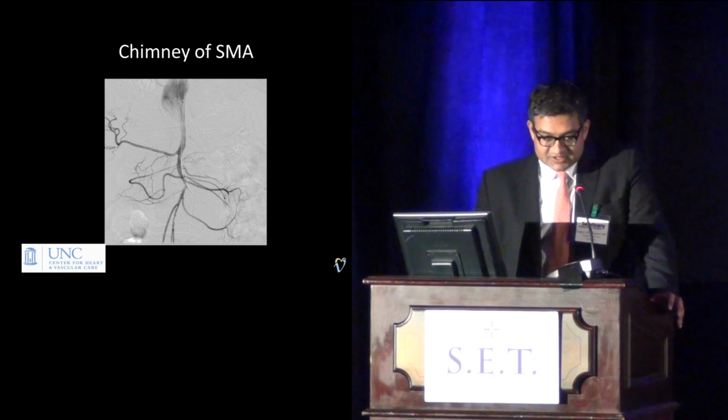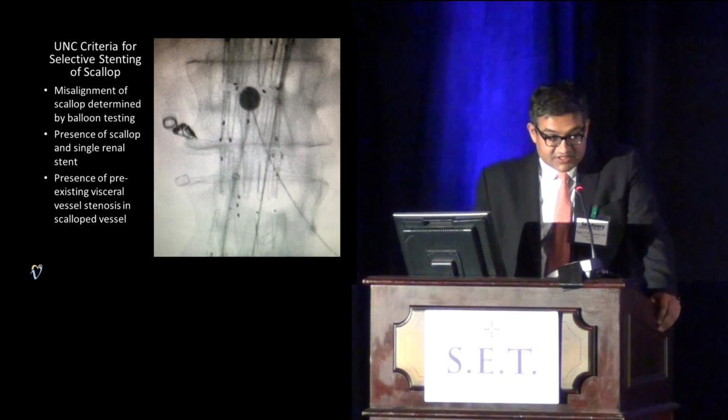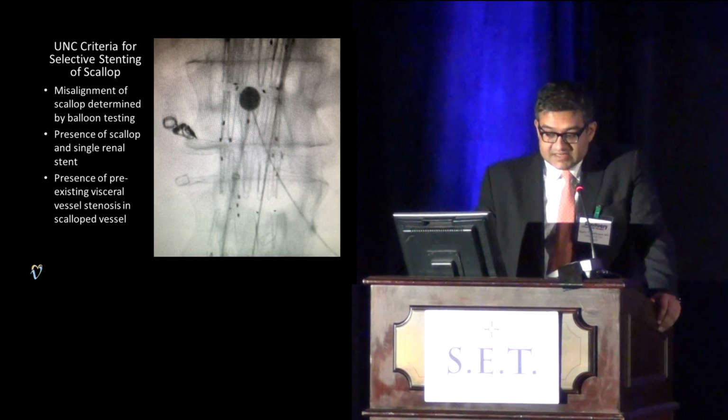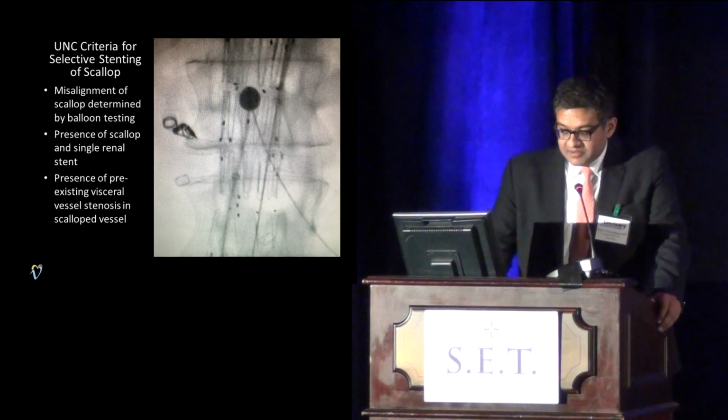The most common derivation of the Cook Zenith fenestrated device is 2 small vessel fenestrations for the renal arteries as well as a SMA scallop. We don't stent all of our scallops. We practice selective stenting where we place a balloon, as you can see in this diagram, in the SMA scallop and balloon it to see if the visceral segment moves.